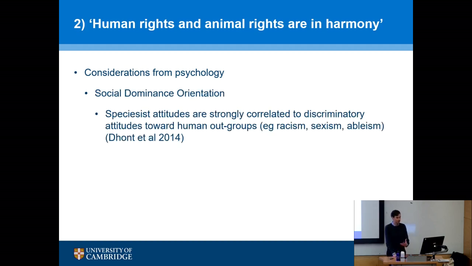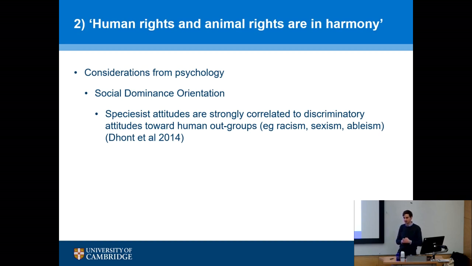One concept that social and moral psychologists have devised is the notion of social dominance orientation. It's basically a concept that tries to describe attitudes toward social hierarchies and how much an individual values social hierarchies.